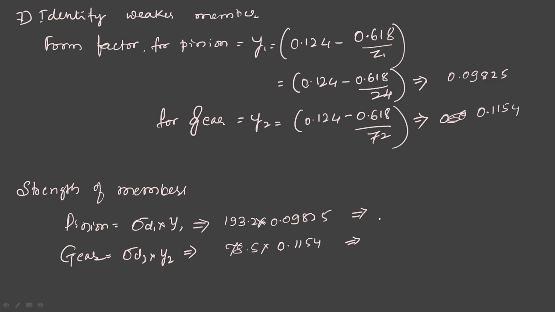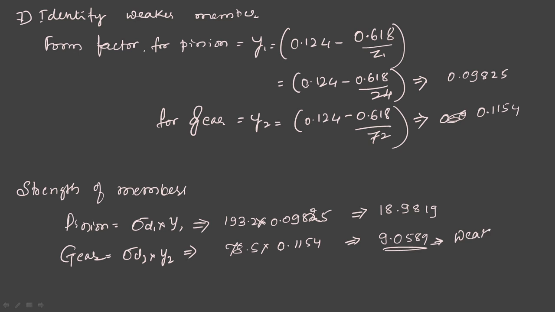Sigma d1 into Y1 is 193.2 into 0.09825, which is 18.9819. For the gear, you get 9.0589. So which is the weaker member here?